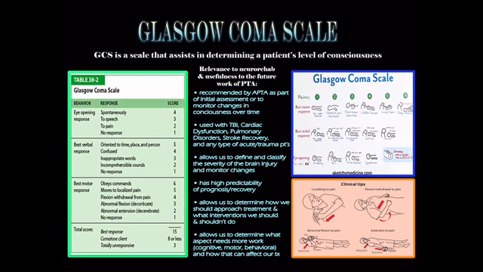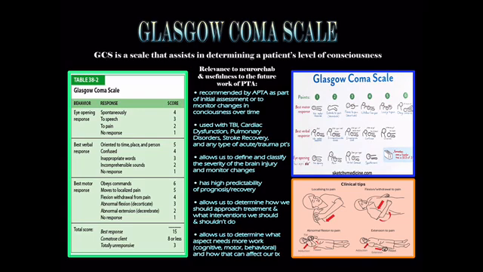This means that you would apply a stimulus, either the fingertip stimulus or the trap, whatever you want, and they would open their eyes. A 3 would mean that you shout or speak a request, and that would cause them to open their eyes. And a 4 would mean that their eyes are probably already open before you even apply a stimulus. So it's just spontaneous, doesn't need anything to cause it.